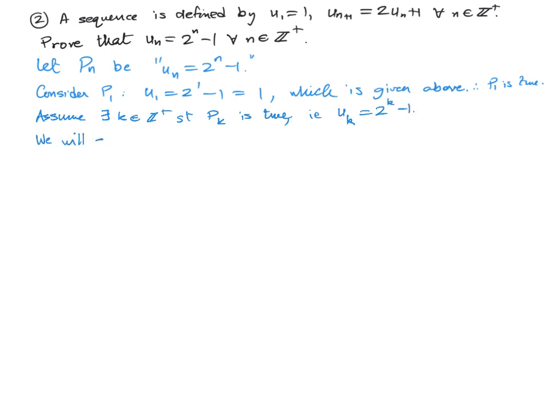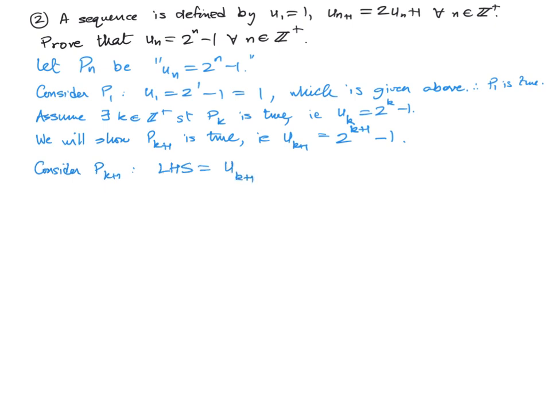We will show Pk plus 1 is true, i.e. u sub k plus 1 is going to equal 2 to the k plus 1 minus 1. All right, so consider Pk plus 1. LHS equals u sub k plus 1.